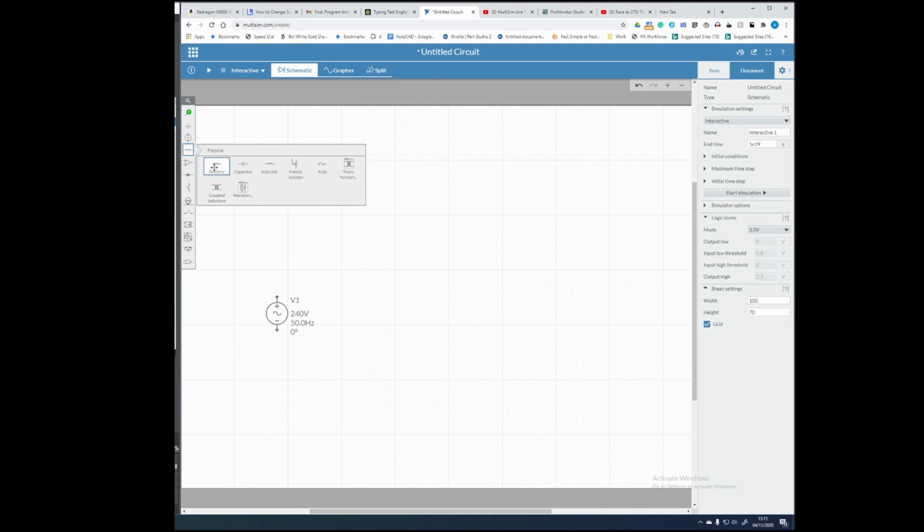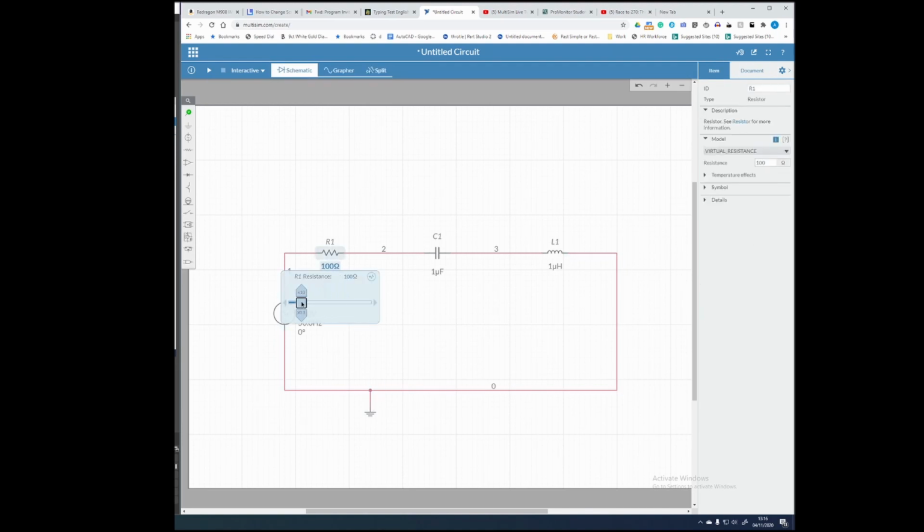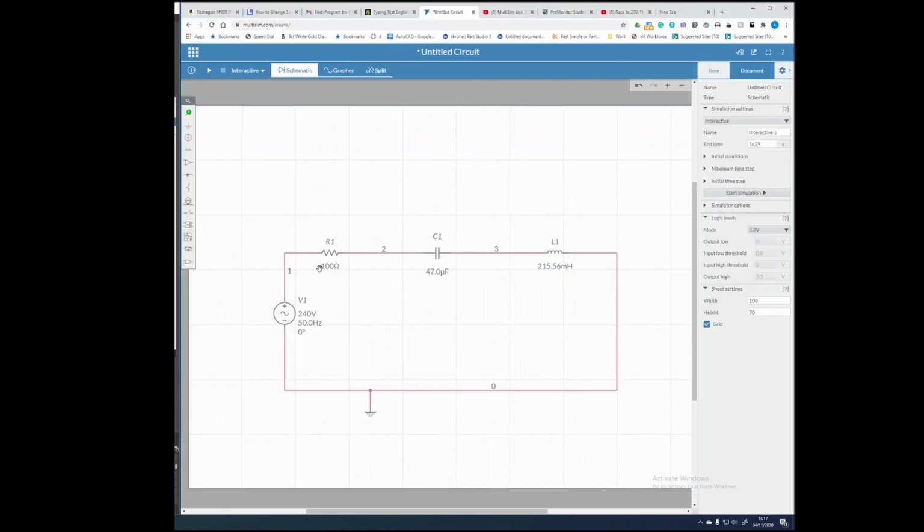We had a resistor. Okay, so we've wired that up now.